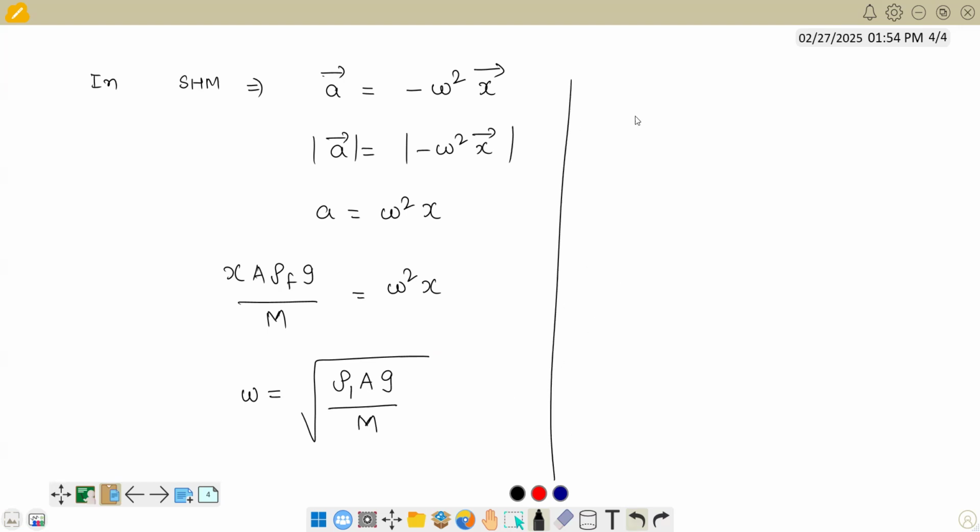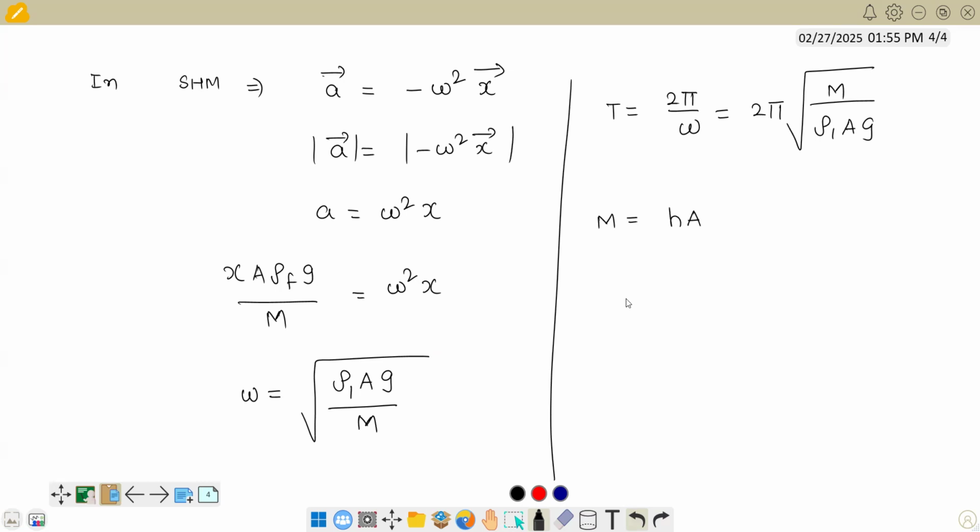From this, time period would be 2 pi by omega. So you will get 2 pi root m by rho 1 A g. He's asking us to do it in terms of h and rho. We already know the mass of a body. Mass of a cylinder or a cork is nothing but density into volume, and volume is height into base area.